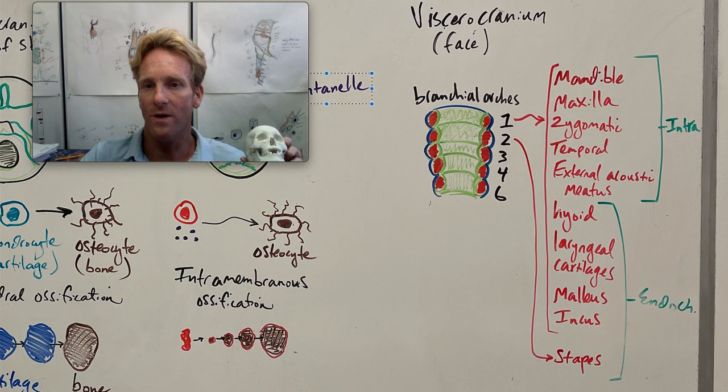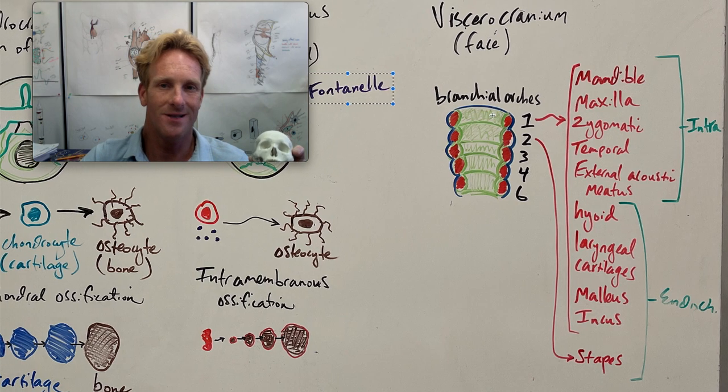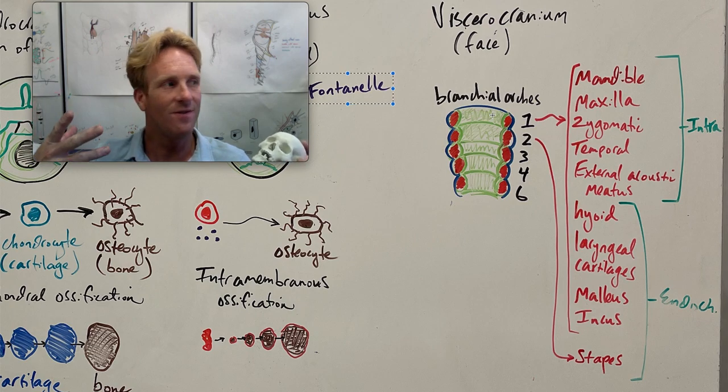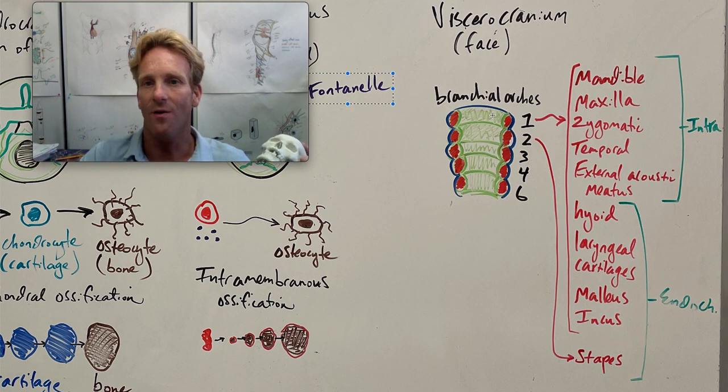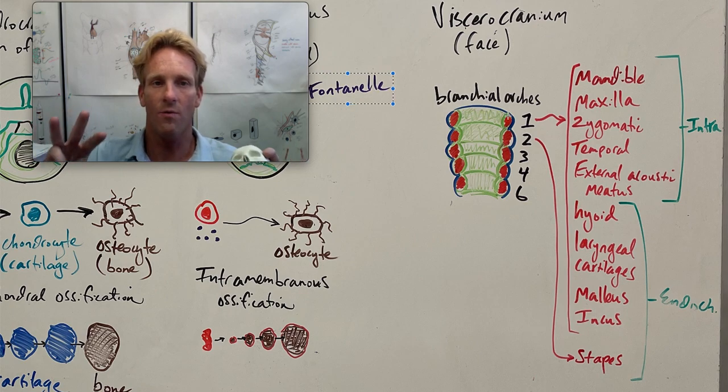So branchial arch number 1, remember, those are the little features that exist on the ventral side of the embryo, right beneath the neural tube, beneath the developing brain. They consist of all 3 germ layers.